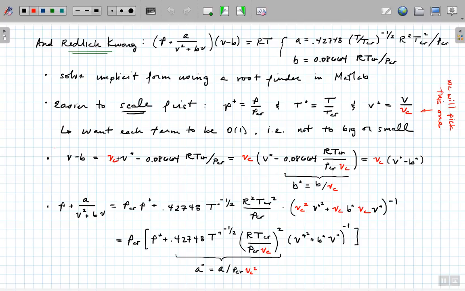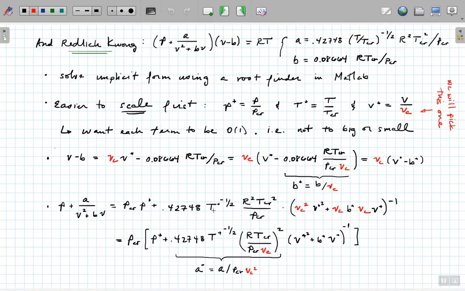We could pull VC out from all of these, and we would get this kind of expression: VC times V star minus b times T critical and P critical divided by VC, because we've pulled a VC out that wasn't there. We're going to call this value B star, which is just our original b value divided by VC. And so now V minus b can be written as VC times V star minus B star.